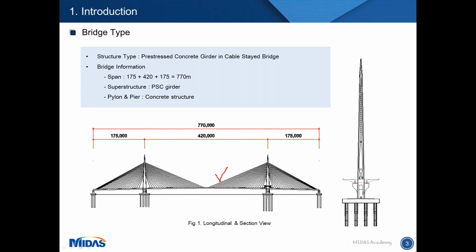It has superstructure, pylons, and piers. The superstructure is the girder, and this is the pylon, and the piers you can see at both end sides. The type of the superstructure is a 3-cell pre-stressed concrete box girder, and pylons and piers are planned as a concrete structure.